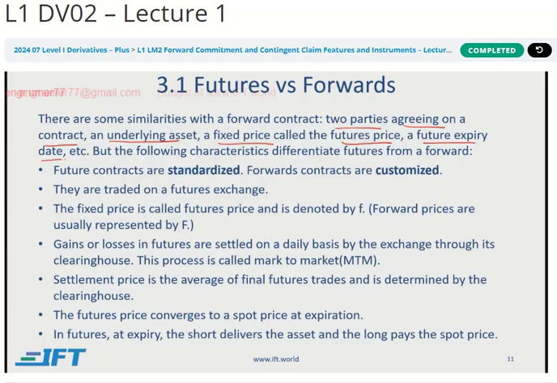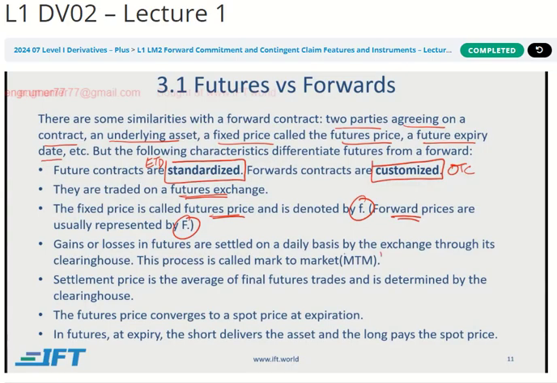These are all similar characteristics. However, futures contracts are standardized, forward contracts are customized. Forwards are over the counter, futures are exchange traded derivatives, and they are traded on a futures exchange. Futures have a futures price denoted by a small f. Forwards have a forward price denoted by a capital F.